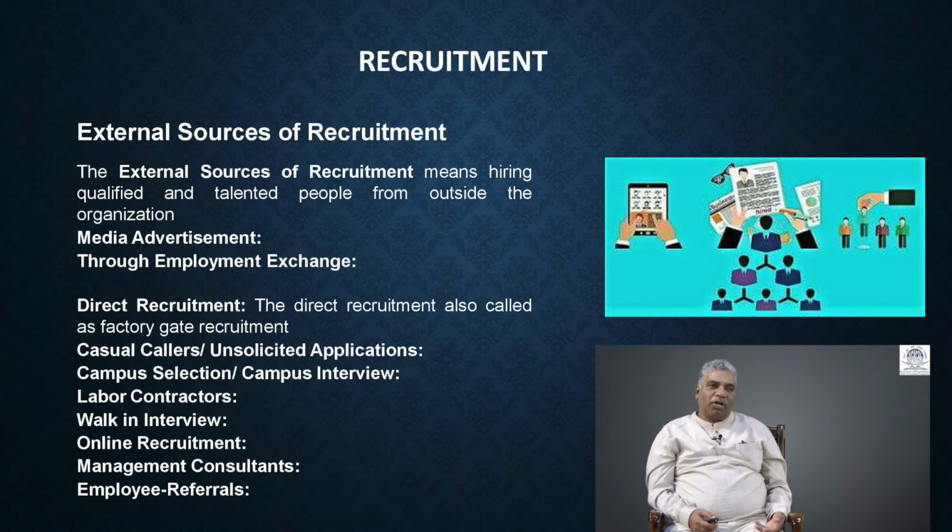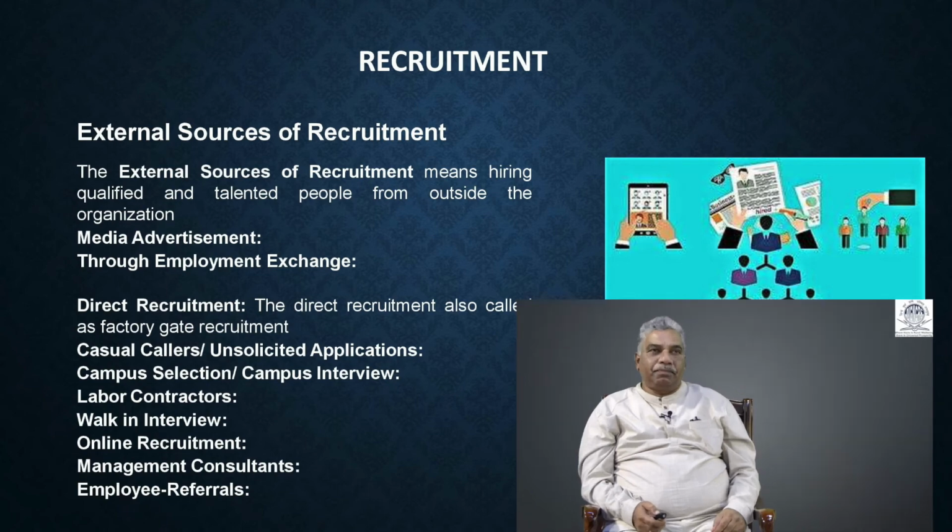There are labor contractors available who will be able to provide contract staffing, because they will be given entire responsibility of doing that kind of thing. You can provide walk-in interviews, online recruitment, then through the management consultants like headhunters and employee referrals. These are all the various ways through which you recruit people.